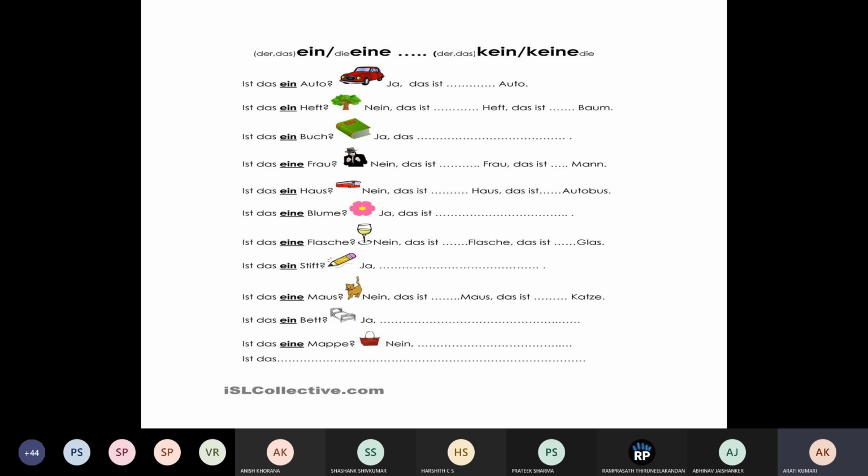Article of bound will be a bound, masculine, and plural of their bound will be die Bäume. Yeah. How do we write Bäume? We write B, A mit Umlaut, U, M, Bäume, the trees.